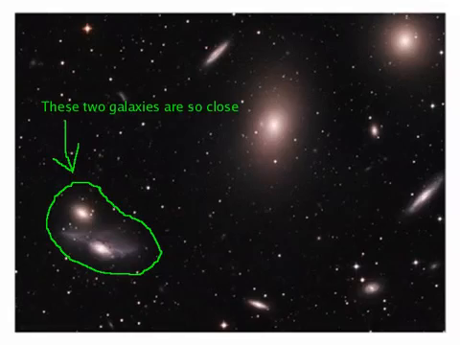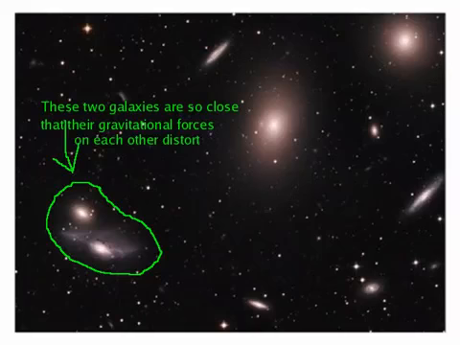Okay, let's see, these two galaxies are so close that their gravitational forces on each other distort their shape.